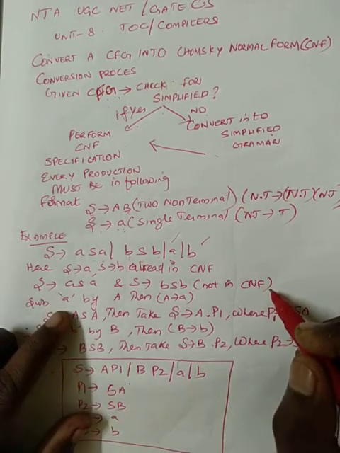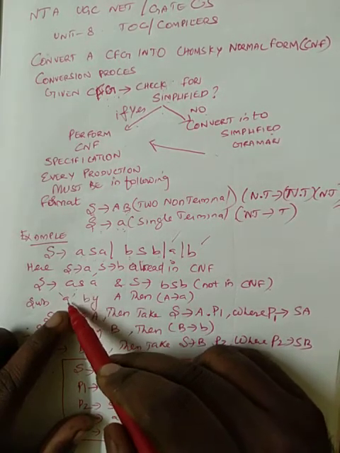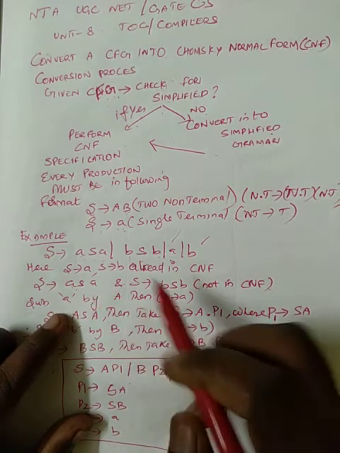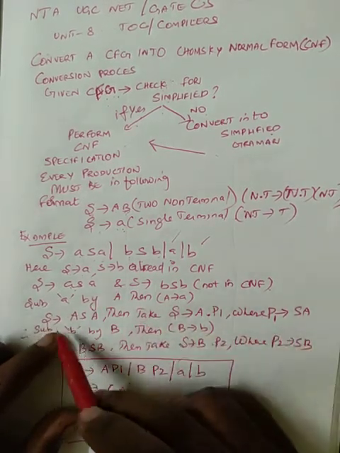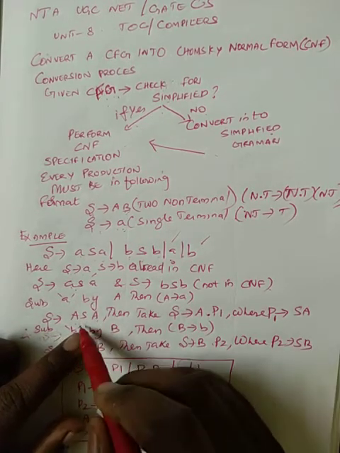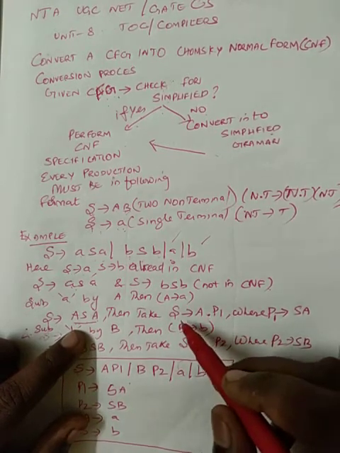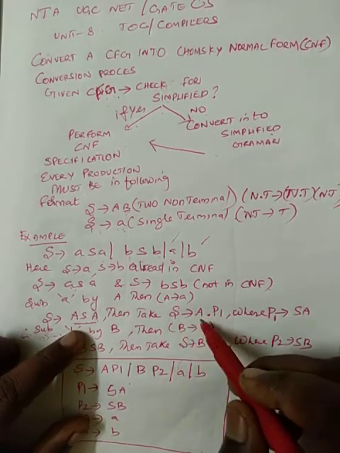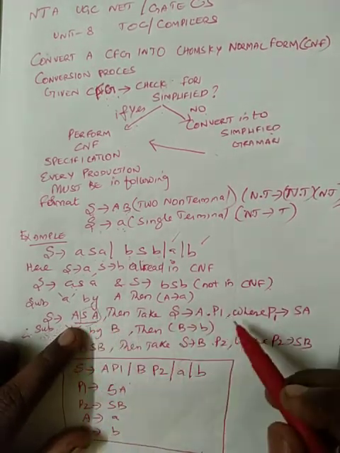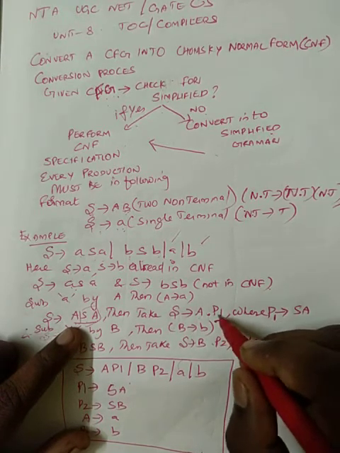Here I want to use S tends to A. Now what happens? This small a becomes capital A, and like that this small a becomes capital A. In that case, S tends to capital A, capital S, capital A. Then again it has three non-terminals. For that, what you want to do is keep S tends to this A as it is, and instead of this SA, I use another production rule non-terminal P1.